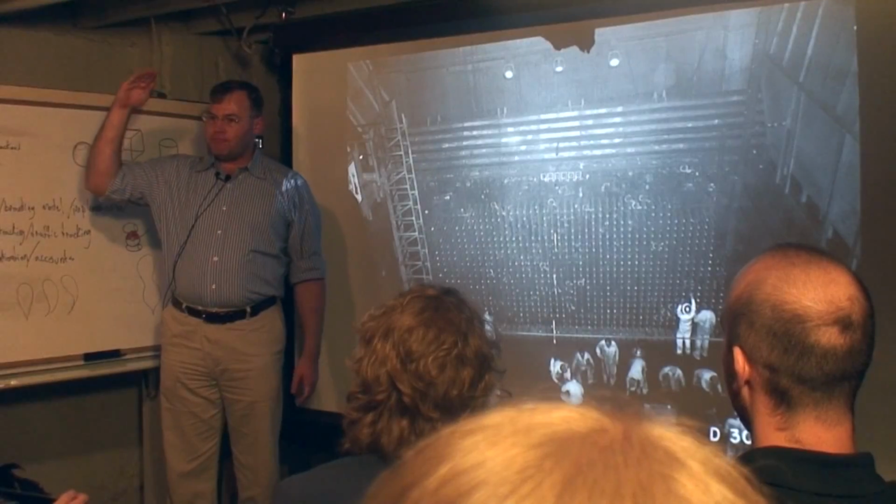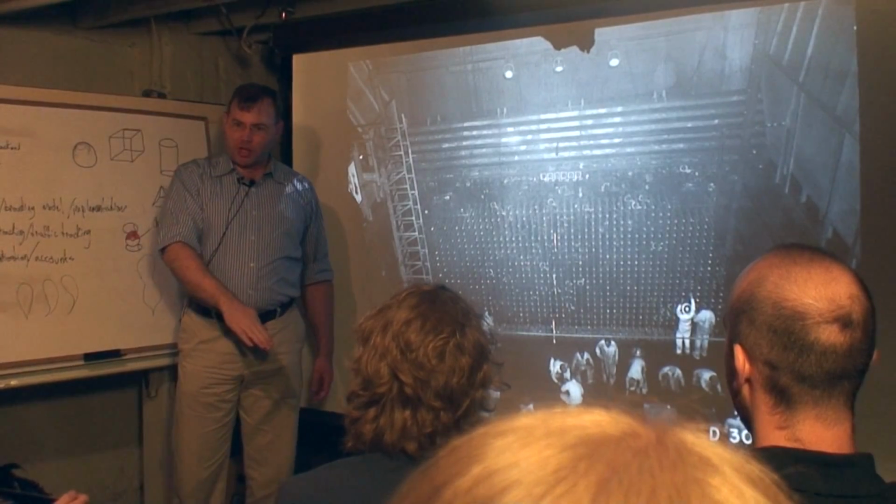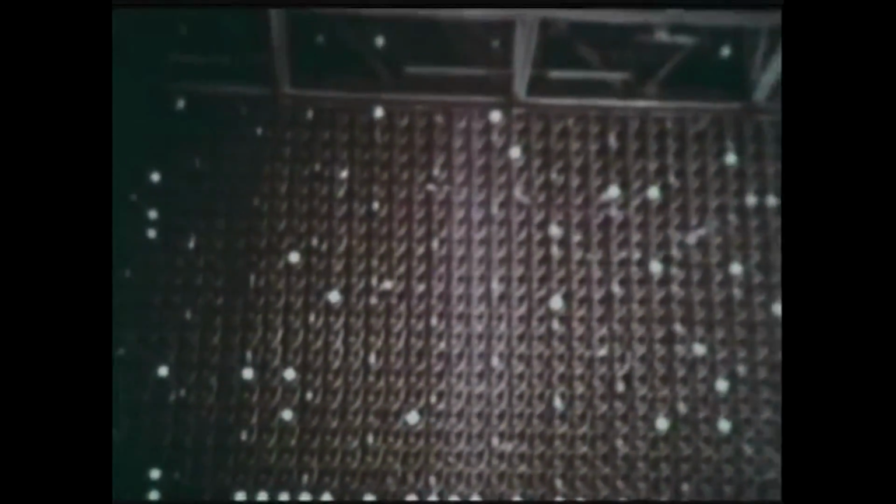And after about a day or two of running it, all of a sudden the power went pew, and dropped like almost to zero. And they left it alone, and after about 12, 18 hours, all of a sudden it came back up to power again, and it held there. And they're like, what? And then pretty soon it goes pew, and it drops off again. They're going, this makes no sense. We're not doing anything. The thing's turning on and it's turning off, and it's turning on, it's turning off.